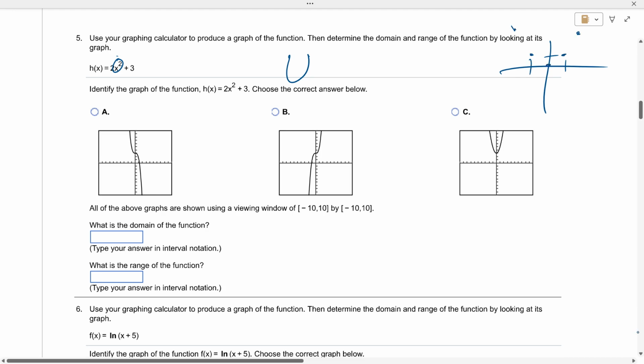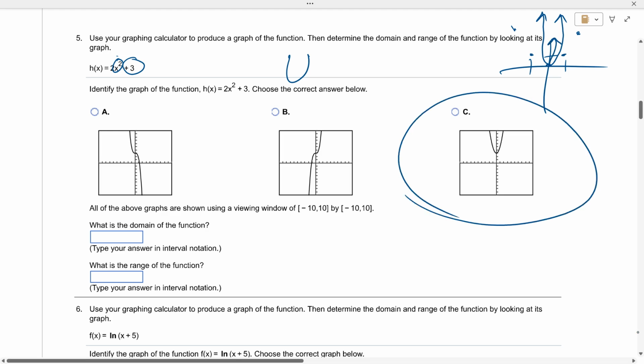If you put a 2 in front, it makes it twice as skinny. It makes it go up faster. If you put a plus 3 on the end, it affects the y. Goes up by 3. Choice C.